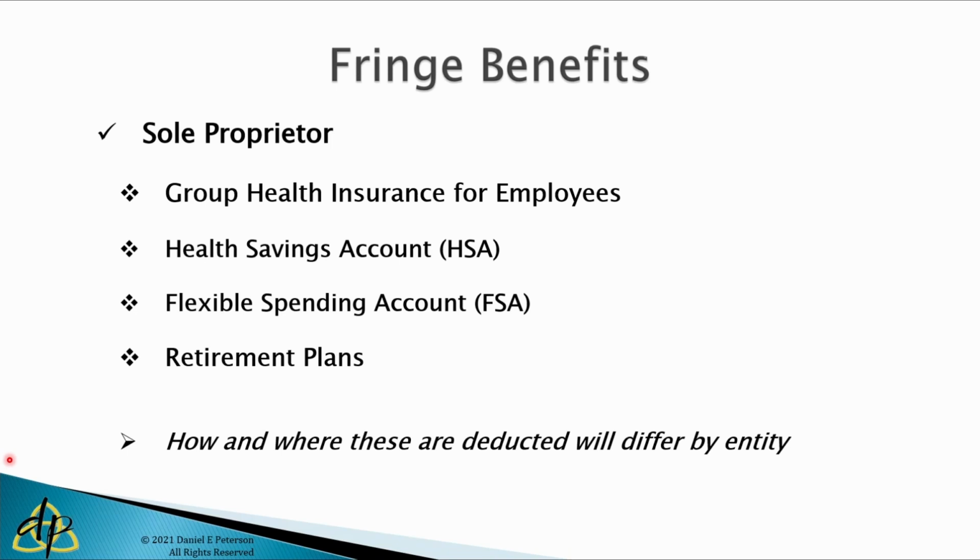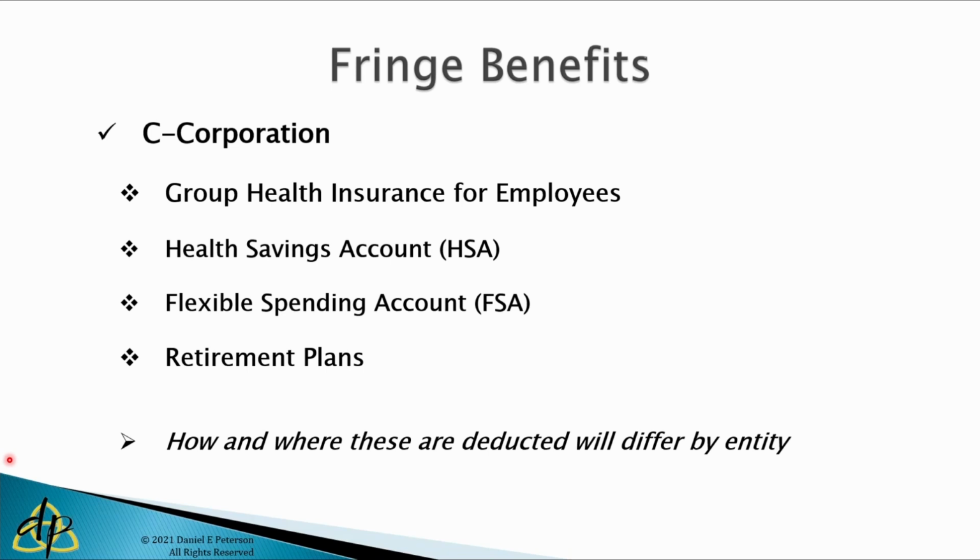And there are also many different kinds of retirement plans that are available to all of these entities. So a sole proprietor can have the health insurance, the health savings account, flexible spending account, and retirement plans, as can the partnership, the S corporation, and the C corporation.